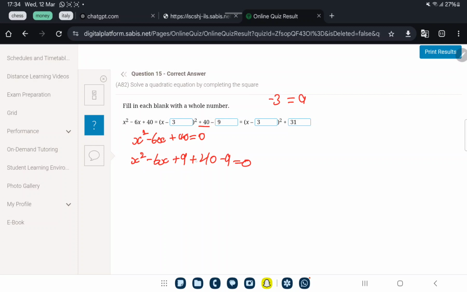And then we factor this, so it's x minus 3 squared plus, you simplify, plus 31 equals 0. So you got your first blank, it's minus 3, 9 and 31. This is 3.1.